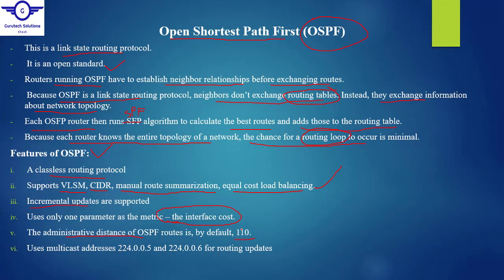Another important feature: OSPF uses two multicast addresses, 224.0.0.5 and 224.0.0.6, for routing updates. It's very, very simple. So let's see what's next.